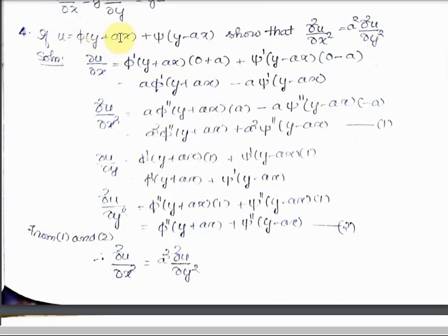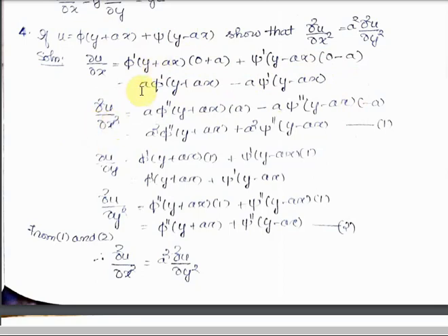The differentiation becomes y is constant, so it is 0, plus a is kept constant and differentiation of x is 1. Similarly, plus psi dash of y minus ax and differentiation of y minus ax becomes 0 minus a into 1. So simplify, 0 plus a is a, therefore a into phi dash minus a into psi dash.